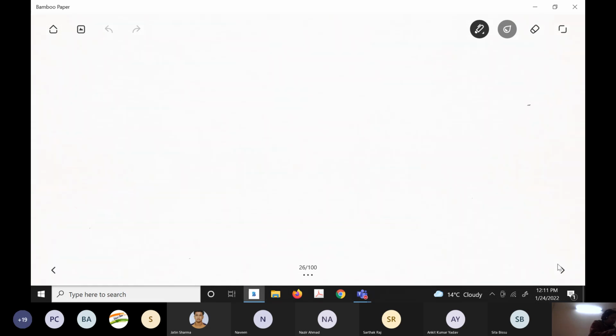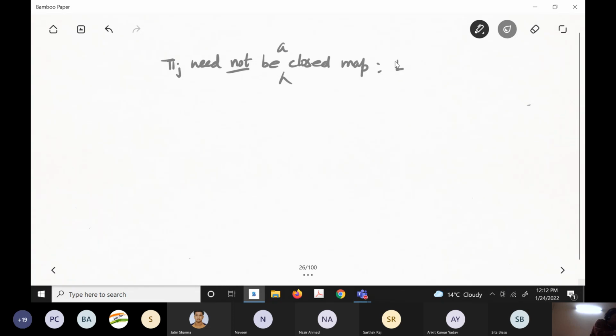Pi_j is open and continuous, but need not be closed. Need not be closed means need not be a closed map. I'm just giving an exercise.